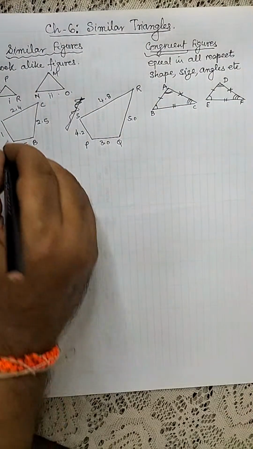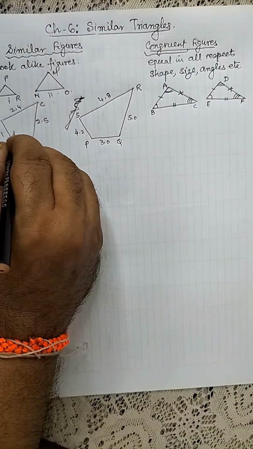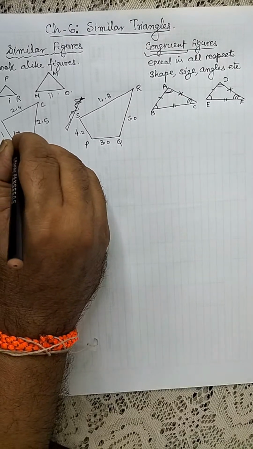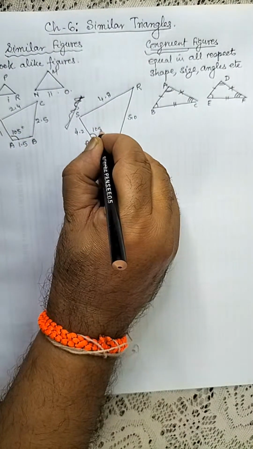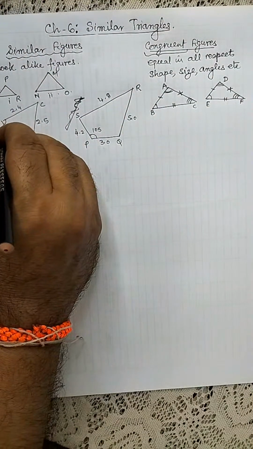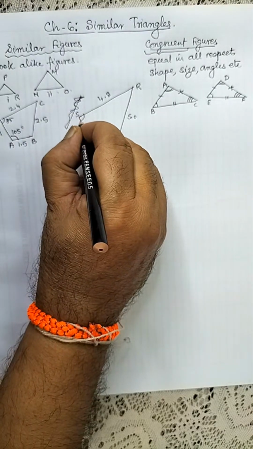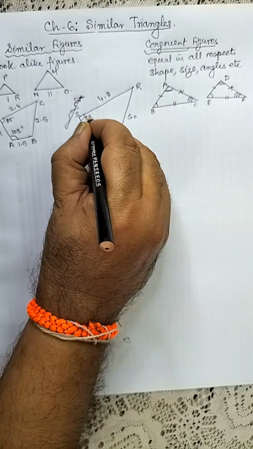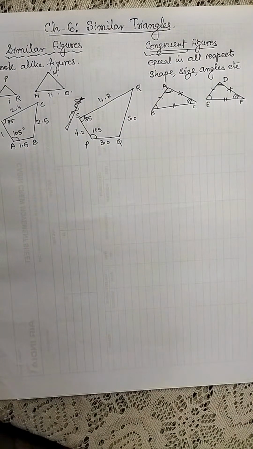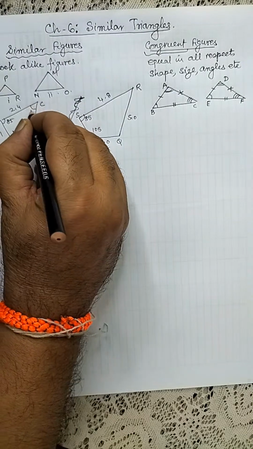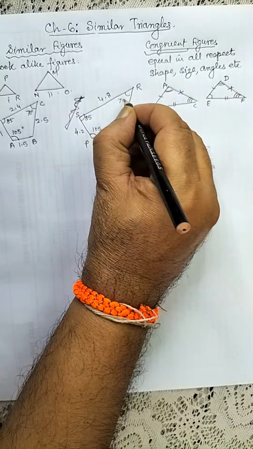Also, their angles. This angle is, suppose, 105 degrees. Then this angle is also 105 degrees. This is 85. Suppose I'm just giving approximate values as the angles appear to me, right? These are not the exact values. And this is suppose 70 degrees, then this is also 70 degrees.